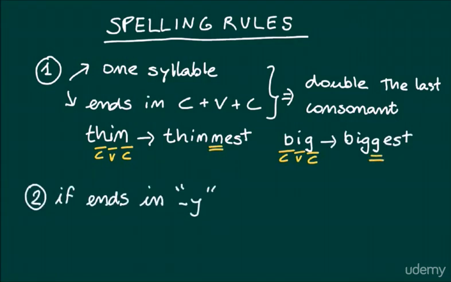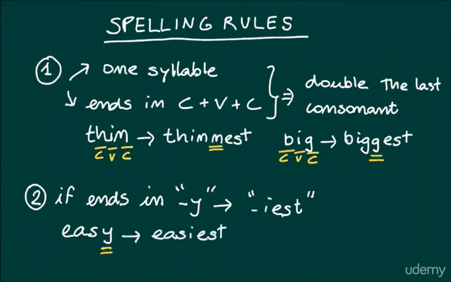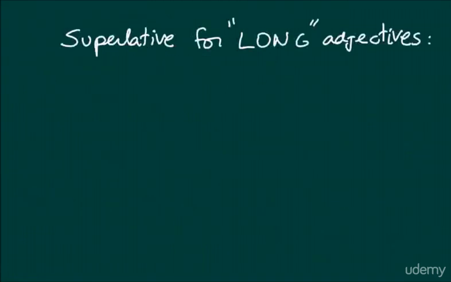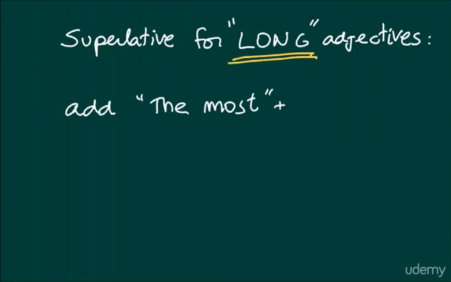When the adjective ends in Y, change Y for IEST, like in easy. The superlative is the easiest. Or funny, the funniest.